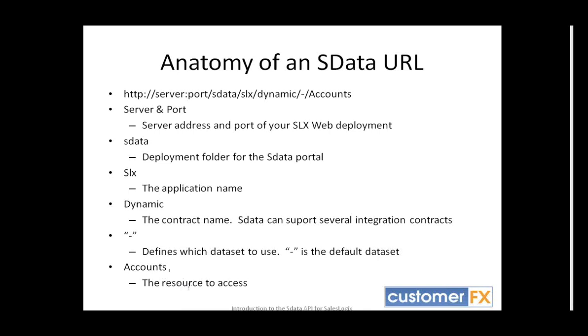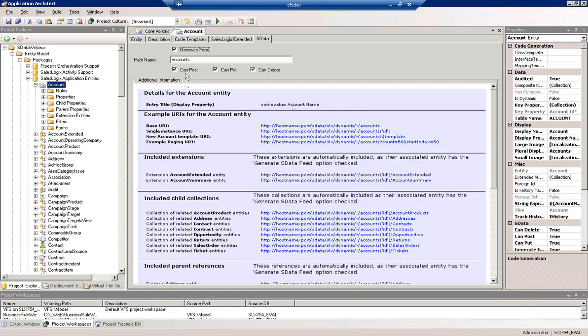Now, what I'd like to do is show you briefly what I am talking about. Let me see if I can share the right thing. There we go. Okay, so basically, what we have here is I'm looking at the SData tab for the account entity within SalesLogix, and we can see in here that it shows you a number of sample URIs that display various different ways you can return data.